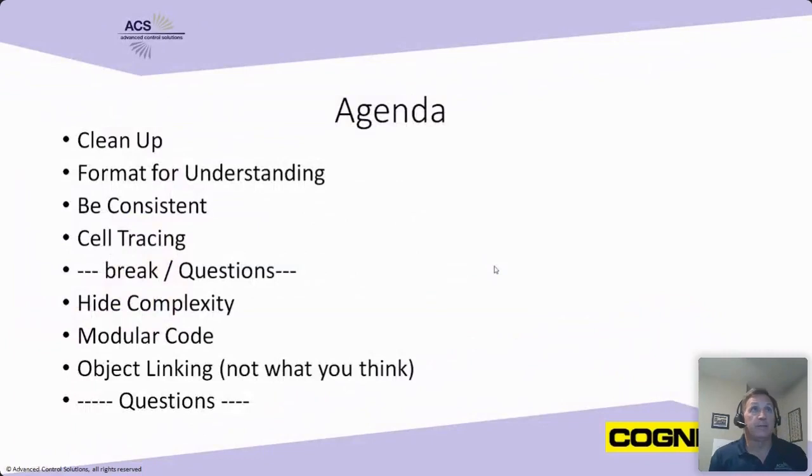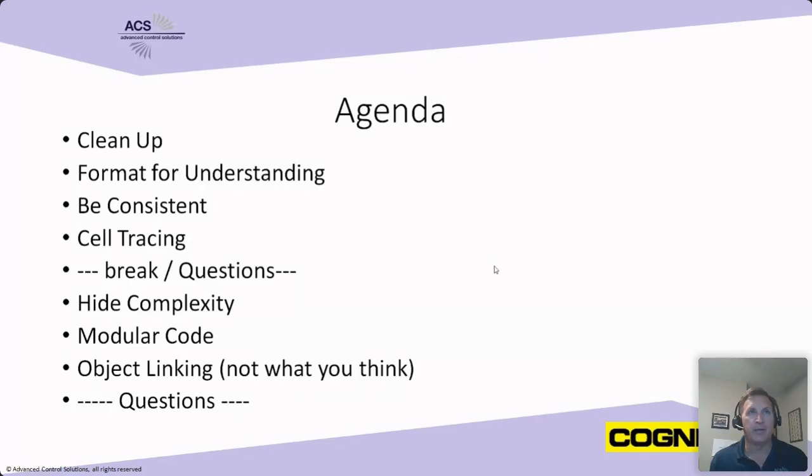So here's my agenda, and a lot of this may seem like apple pie and motherhood, but it's about keeping your code clean, keeping it formatted in a way that somebody can understand it, and we'll talk about that over and over again. We'll talk about consistency in your design, the way you build things, and this function called cell tracing, which is probably the best thing since sliced bread.